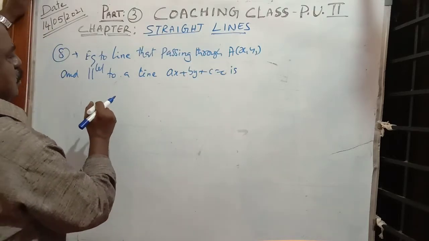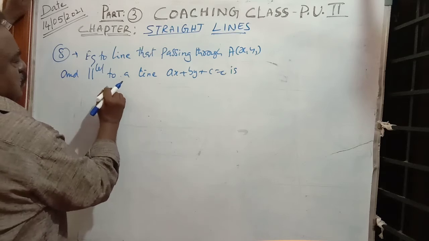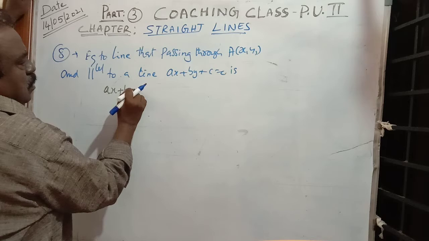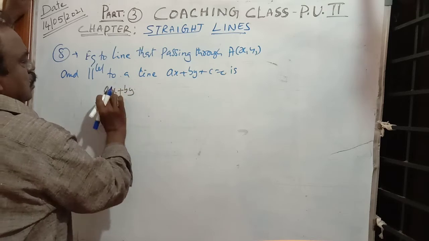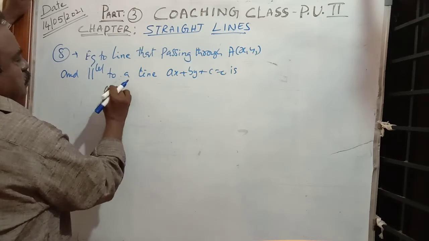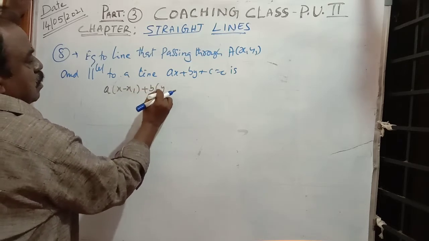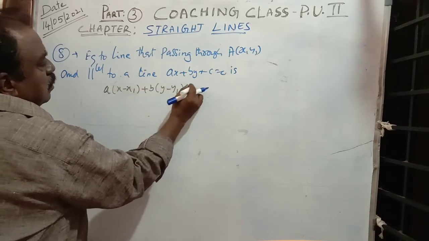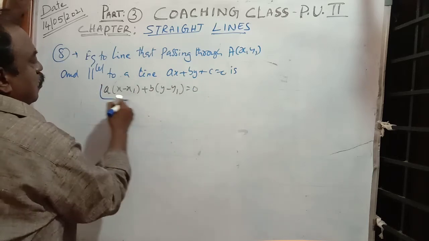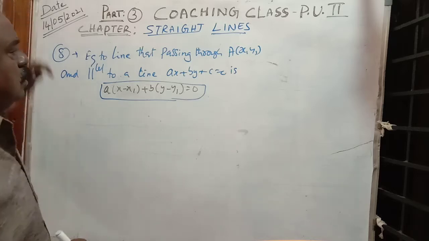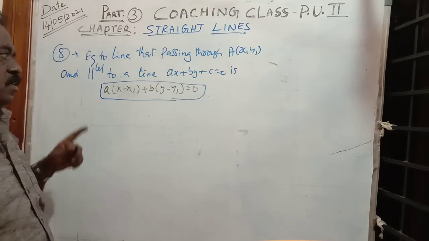I will write it clearly. It is a(x minus x1) plus b(y minus y1) is equal to 0. This concept is a good concept.